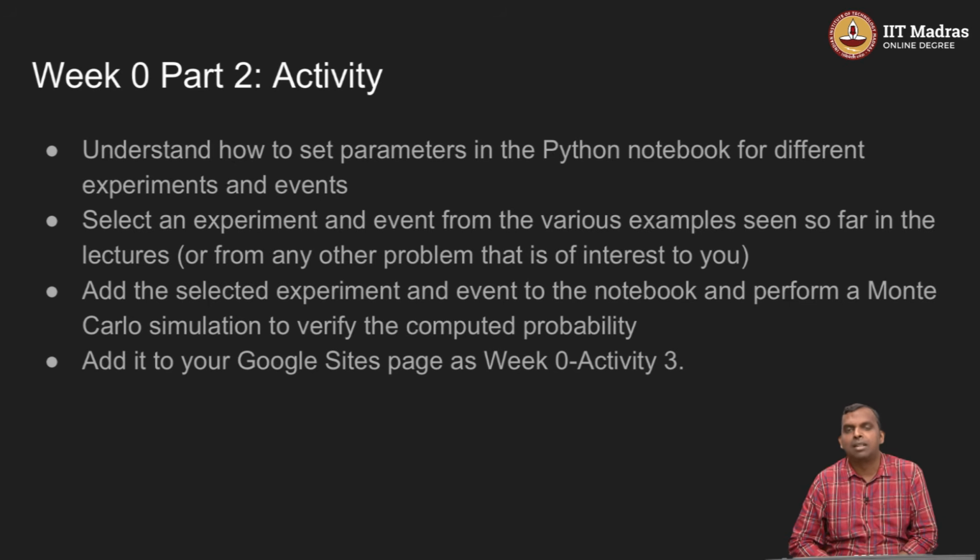Keep everything private, shared only within the organization, don't keep it public, and show it on the Google Sites page. Do create a Colab notebook as well: copy all these things and add your own little Python Monte Carlo experiment, and verify that the theory matches the practice of computer simulation. So that's your activity.